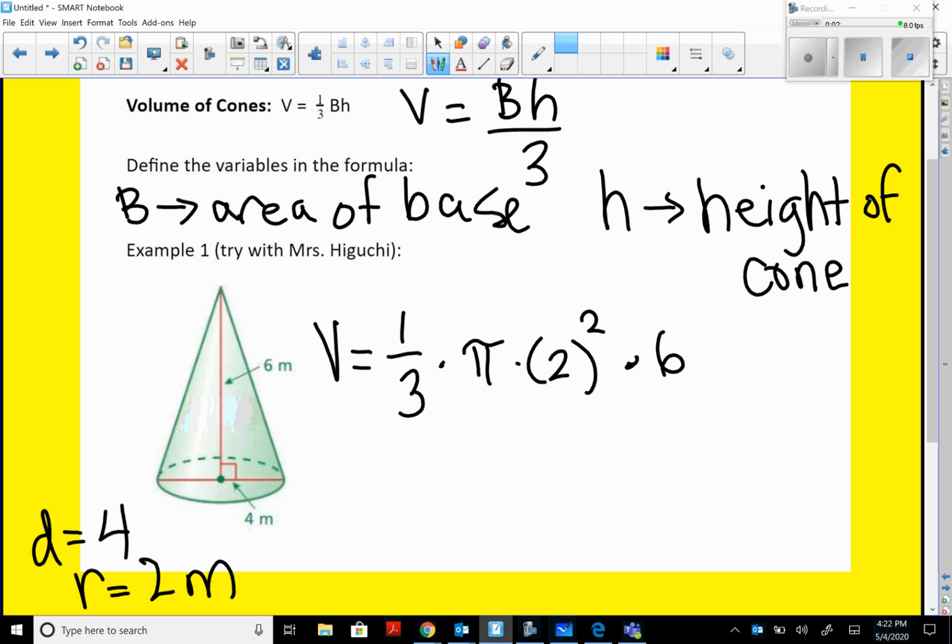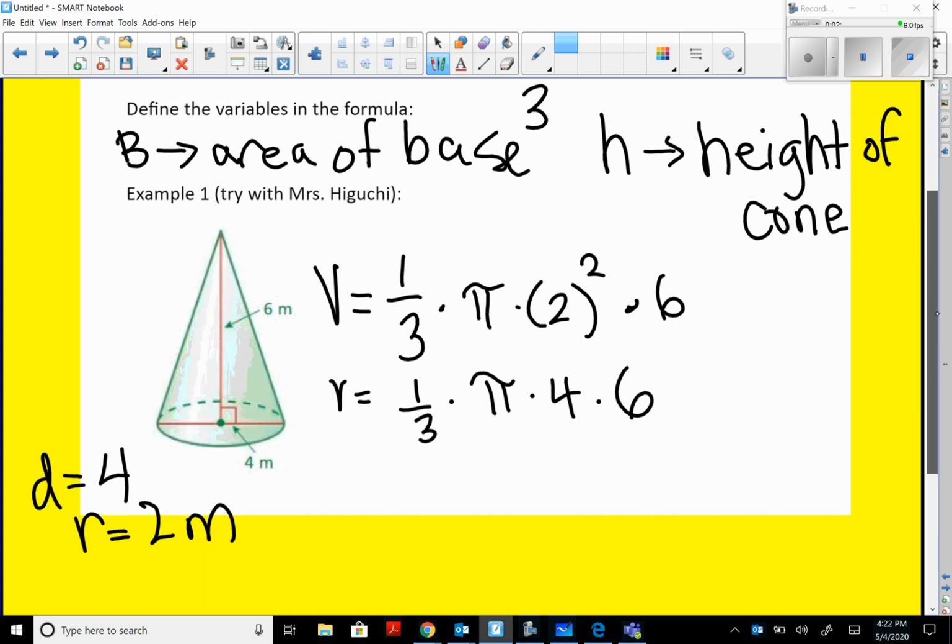So now I'm going to start simplifying or evaluating that expression. We know exponents come first. 2 to the second power is 4. So I've got 1/3 times pi times 4 times 6. Now I can go ahead and multiply all the numbers together. And remember, multiplication is commutative, which means you can multiply in any order that you want.